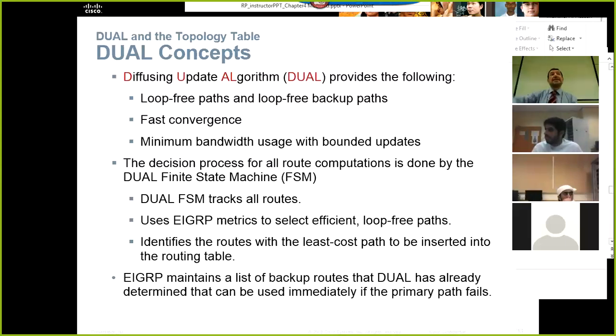The advertised distance is less than my feasible distance or the metric, only then I will also see it where? It will show in the routing table as well. So both of them will show in the routing table. Okay? And we'll come to that a bit later when we talk about unequal load balancing.